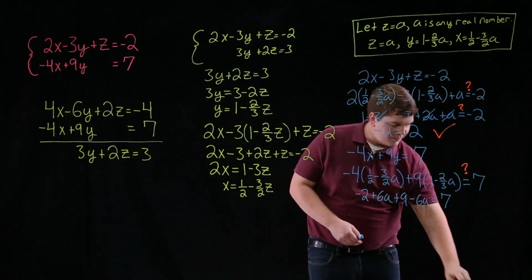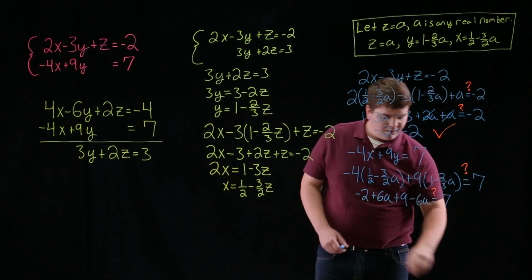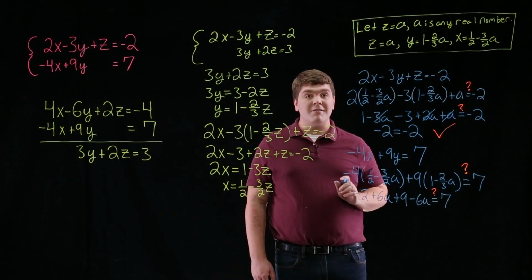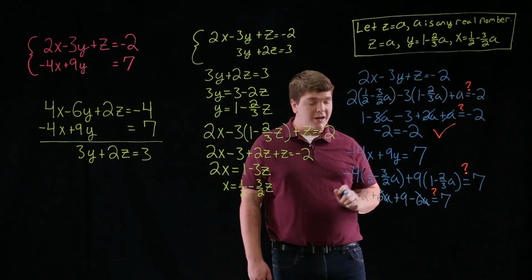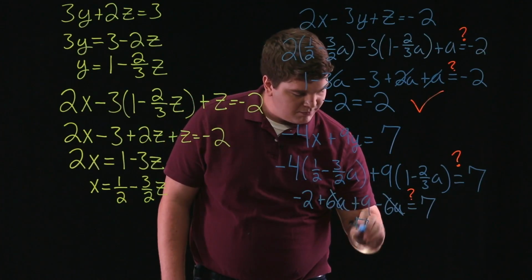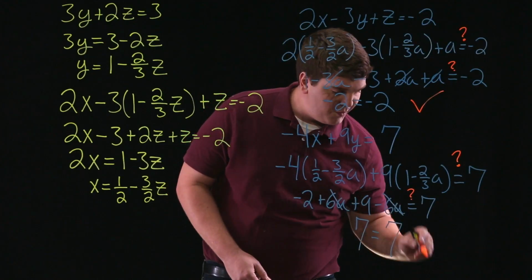And we still would like to know, is this equal to 7? Well, here we have a 6a minus a 6a. Those will cancel. And we have a negative 2 plus 9, which is equal to 7. So we end up at 7 equals 7, which is a true statement.